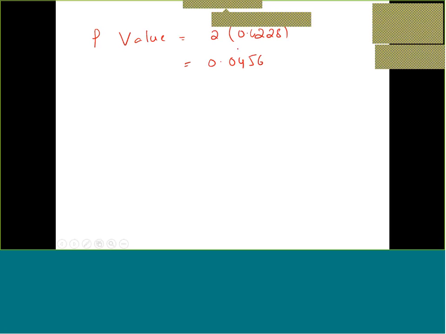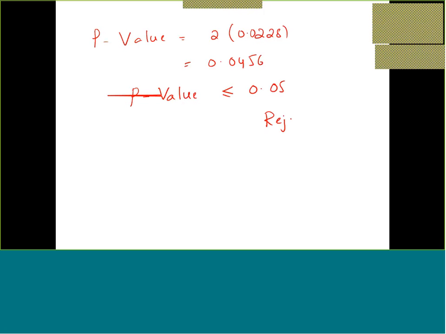Then you have to compare p-value with alpha. So you know that if p-value is less than or equal to 0.05, you will reject H0. Is it true here? Yes. So since this is true, we reject H0.